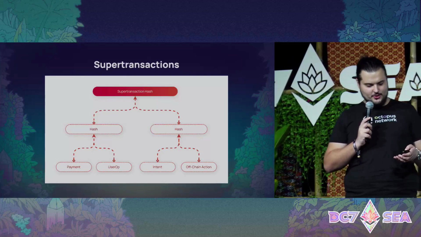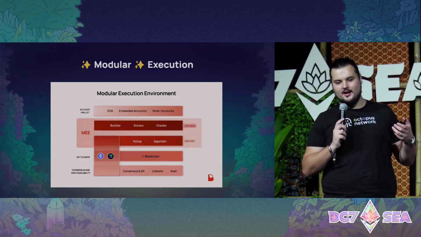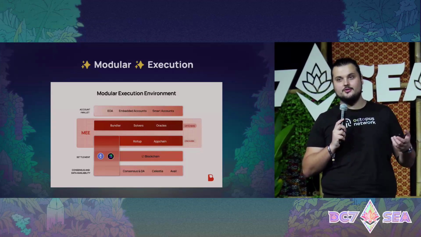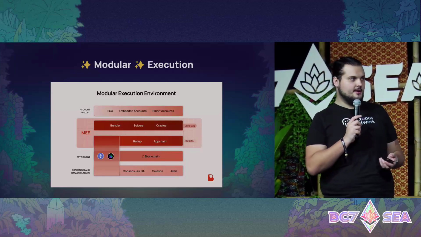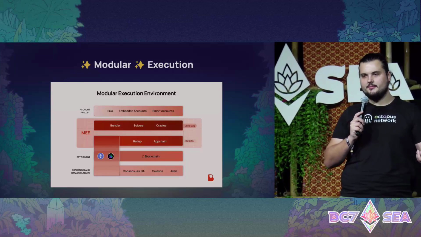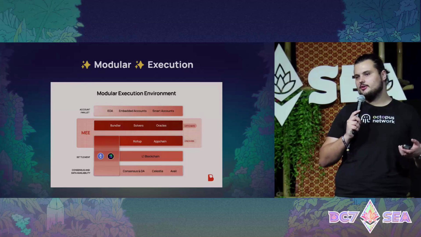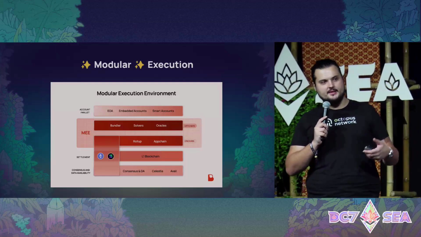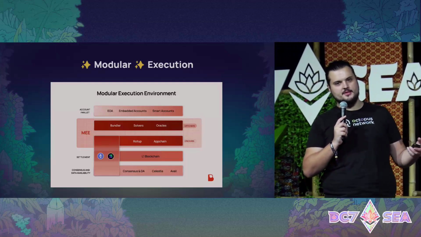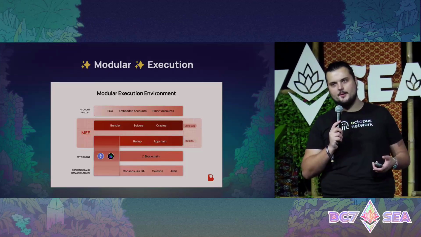What's the cool thing about modular execution environments? One of the coolest things is that they are modular, obviously, but they are also recursive. What does this mean? Let's say I'm a node which has committed to execute something for you, and I don't know how to execute the entire thing that you have given me. Maybe it has an intent to move funds from Optimism to Base, and then it has a requirement for two or three user ops.